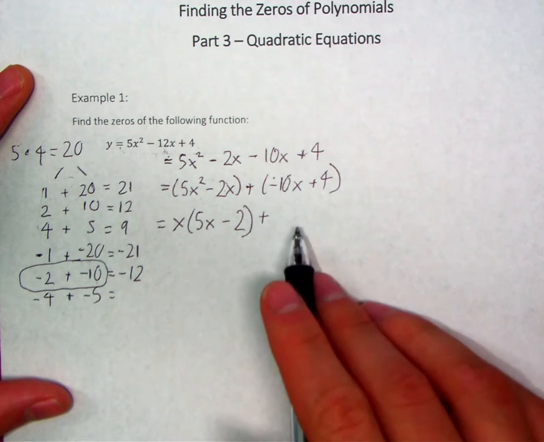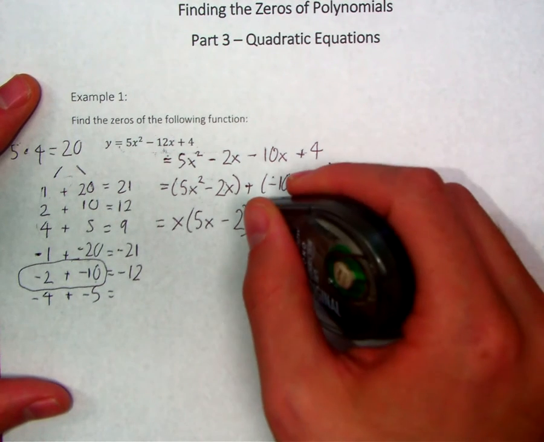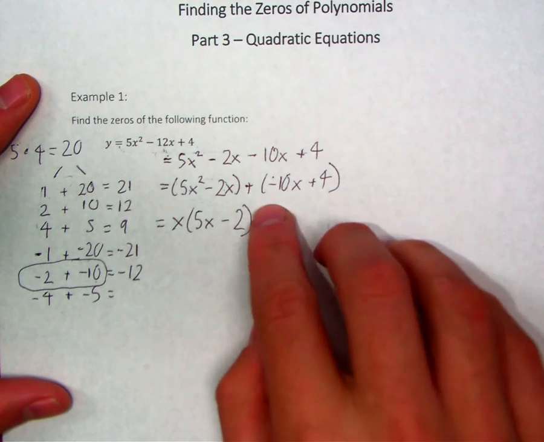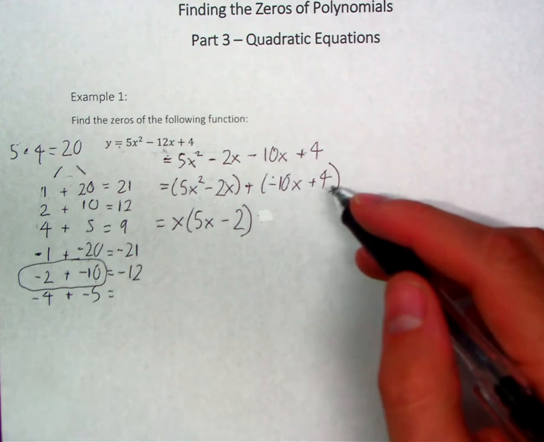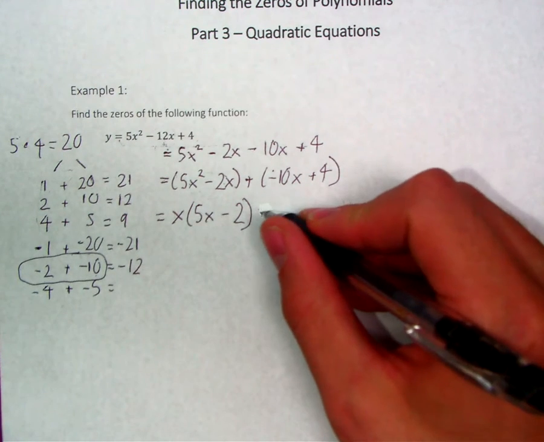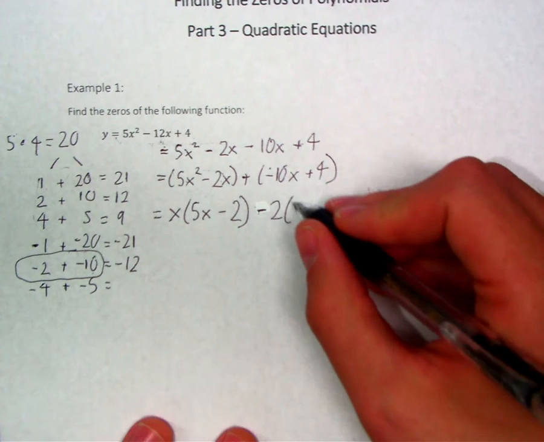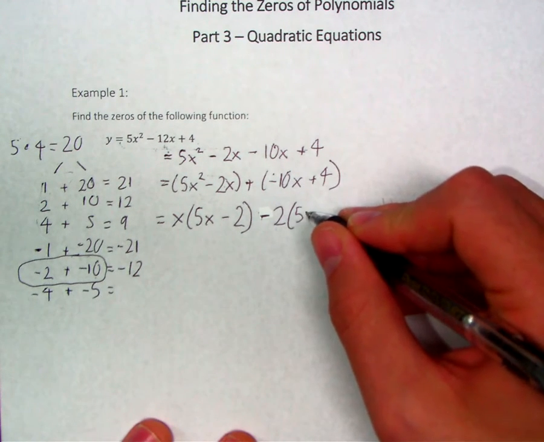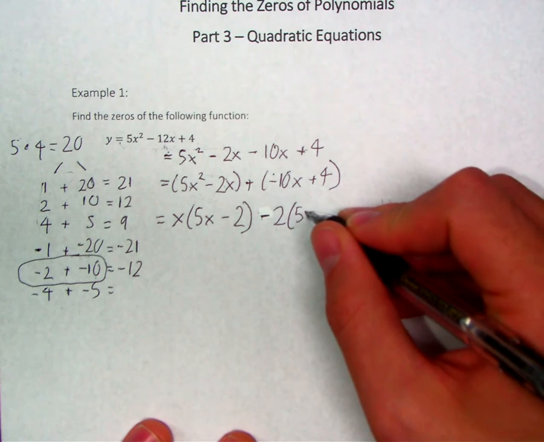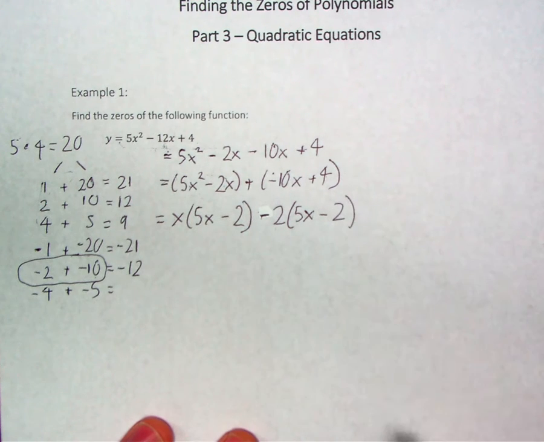Now what's my greatest common factor in this second group? Well, it looks to me that a 2, not 2x, just a 2, divides out of both. I'm going to divide a negative 2 out of both. Why am I dividing out a negative 2 instead of a positive 2? Well, if I divide by a negative 2, the signs change from a negative 10x to a positive 5x, and from a positive 4 to a negative 2.